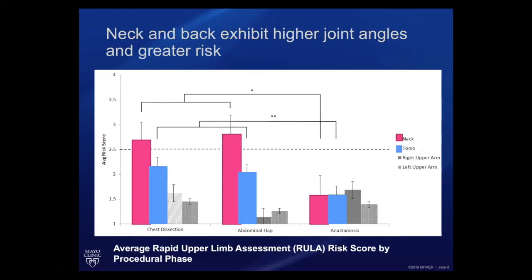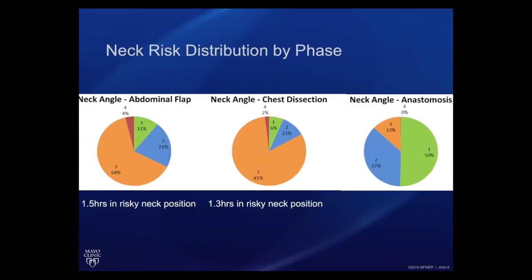Looking at our torso angles and the angle at which our upper back was at risk, we were below average for the chest, abdominal flap, as well as the anastomosis. If we look at it by the time we spent in those awkward and uncomfortable positions, it's no surprise that when we were using loupe magnification and headlights, during the abdominal flap surgery, about 68% of the time our neck was in a risky position, which translates on average to about an hour and a half.